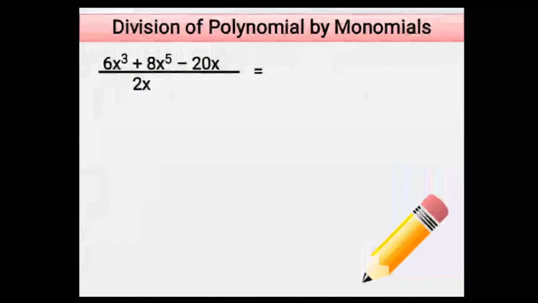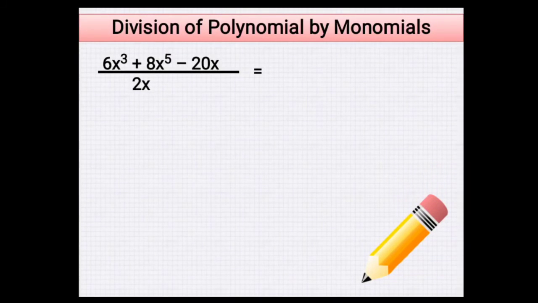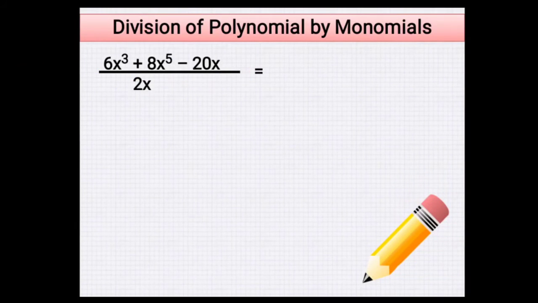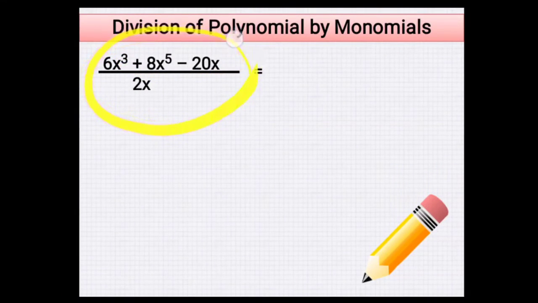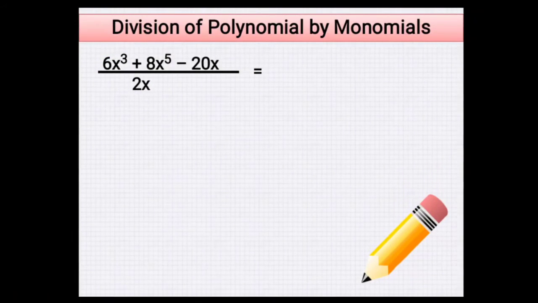Okay, division of polynomials by monomials. Let's have this example. For us to easily solve this, you have to arrange the terms properly, wherein the first term should be the term with the highest exponent.